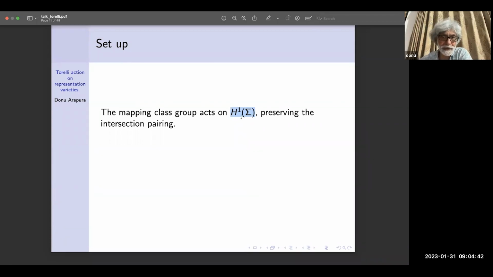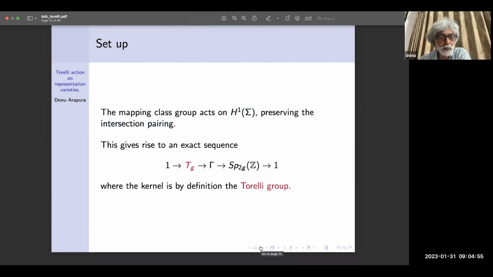And this has more structure than a vector space. It has an intersection pairing, which everyone knows, and the mapping class group action preserves that. And so I guess I just contradicted myself. So maybe I should think of this as integral cohomology for the next part.